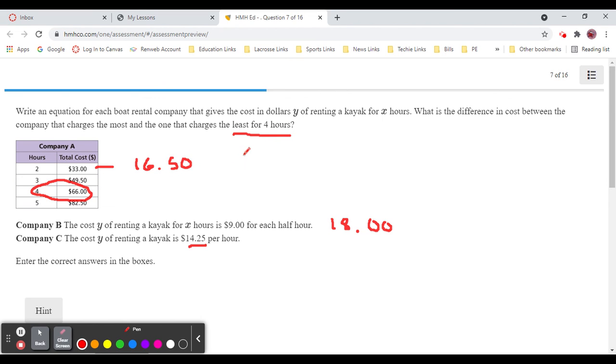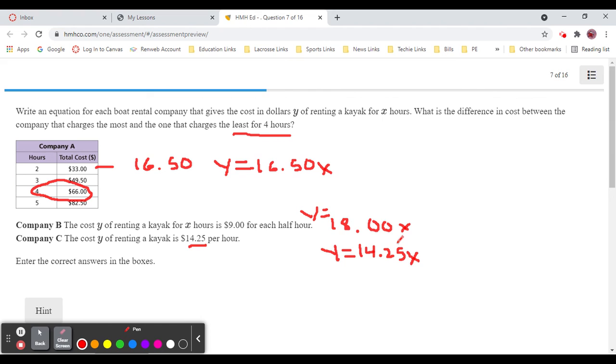So now I've got my 3 rules, right? Y for company A, it's Y equals 16.50X. For company B, it's Y equals 18X. And for company C, it's Y equals 14.25X. Got my 3 rules now.